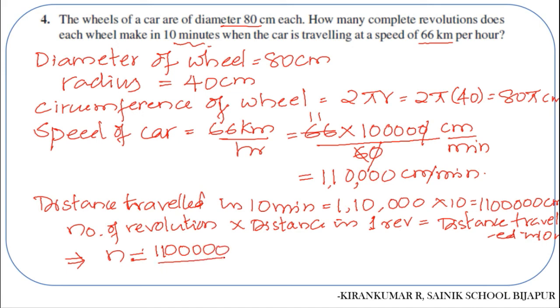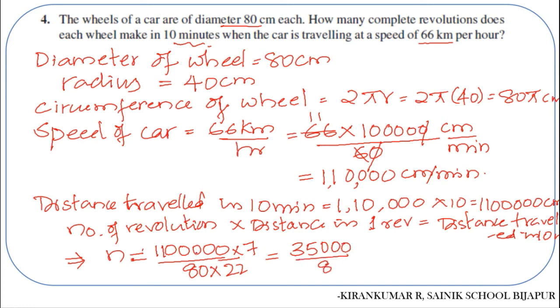divided by the distance in one revolution, which is the circumference of the circle we have learned in our lower classes. So 80 pi, and instead of pi I'll consider 22 upon 7. This will become equal to 35000 upon 8.